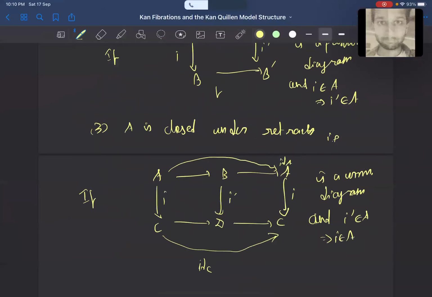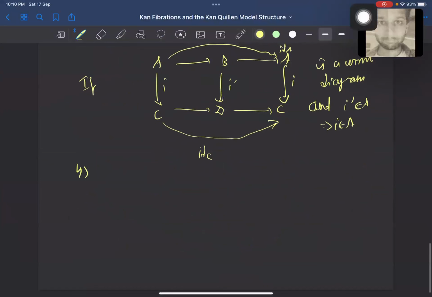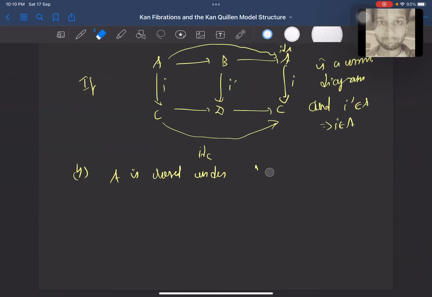Then A is closed under retracts. Sorry, we talked about that. So A is closed under coproducts.